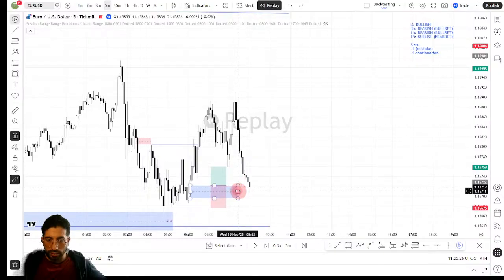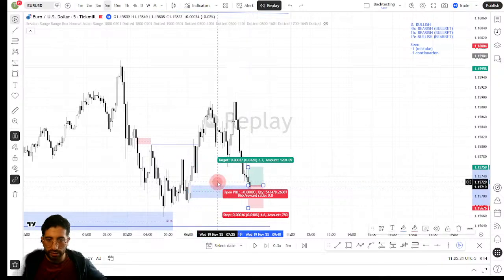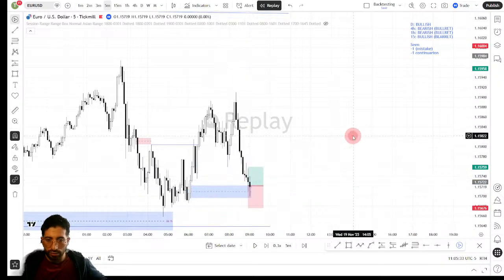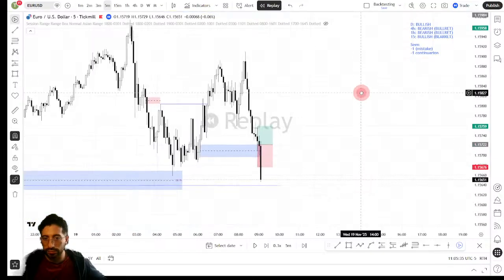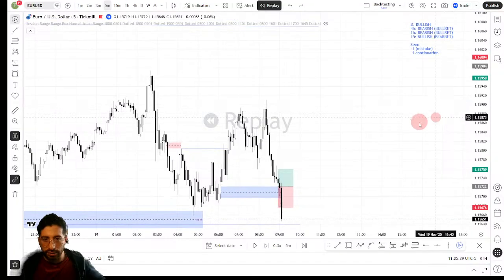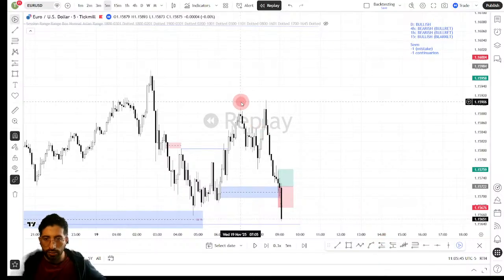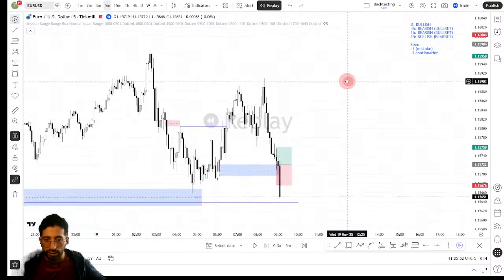Boom. So the price actually opened our order here. Now let's see if the price respects this order or not. Well, it didn't. Good. So what actually happened here was that the price entered on nothing. It didn't enter in the order block that was above here, neither here.